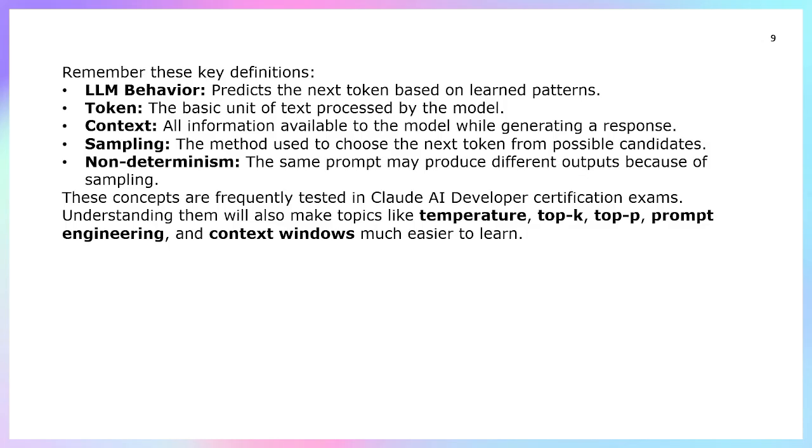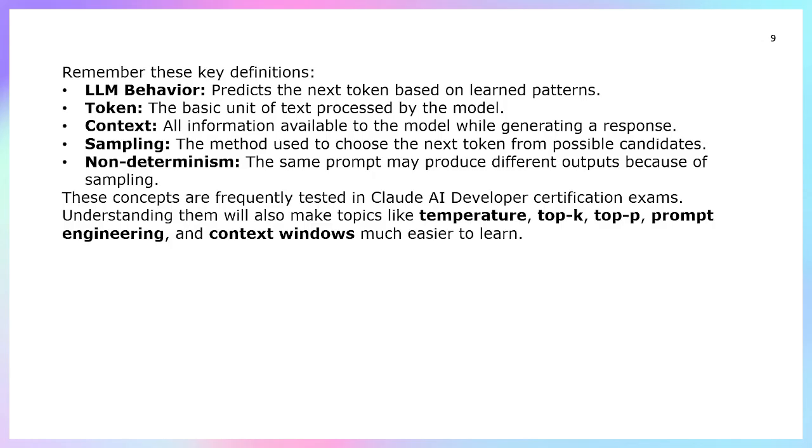Let me clarify all these things. LLM, a large language model, is trained on a massive amount of data. Token is a basic unit. Whenever we write, a single word can be a token, and a dot can be a token. Context is all the information when asking a question to the model. Sampling is that whenever we ask any question, the model generates two to three or more answers for the same question, and among the three to four answers, you get to see the most probable answer. The rest you can't see.